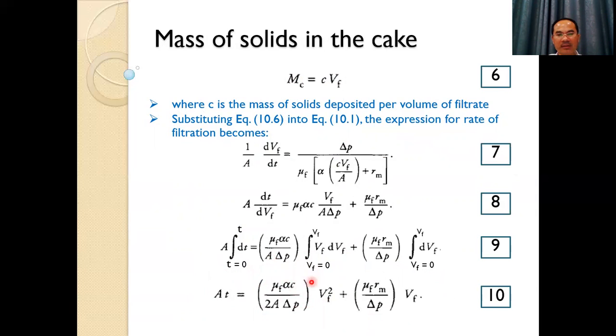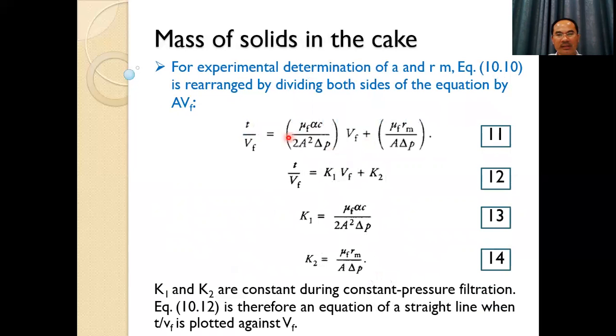For this case, we can call it a constant. This constant is due to alpha, this constant is due to Rm. Okay. We get t over Vf equal to this term and this term.